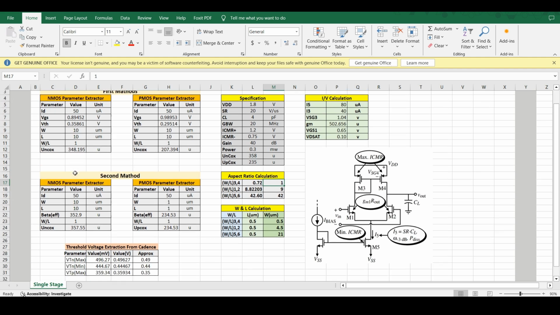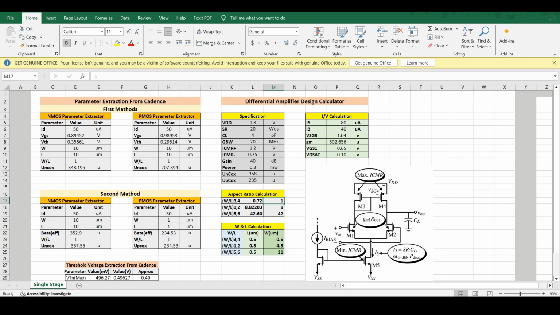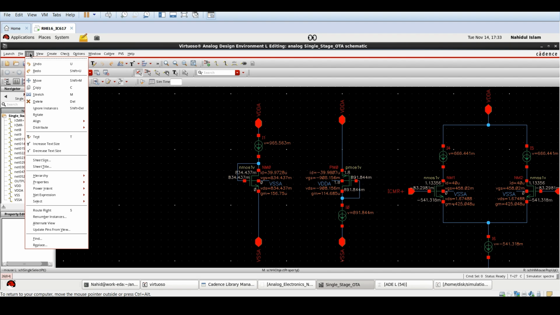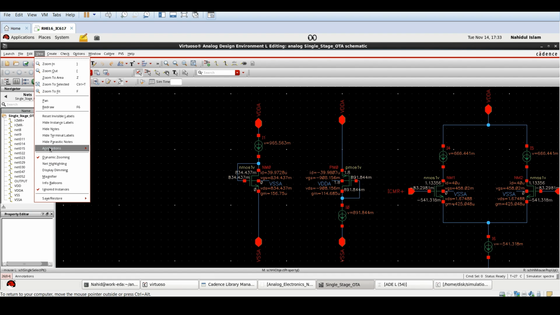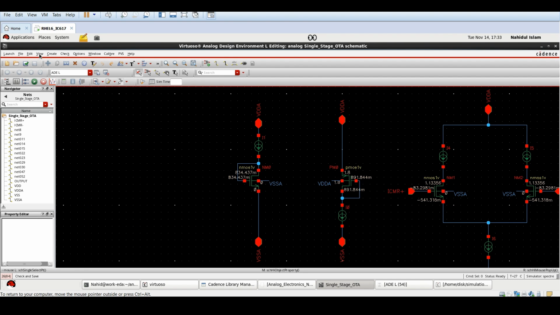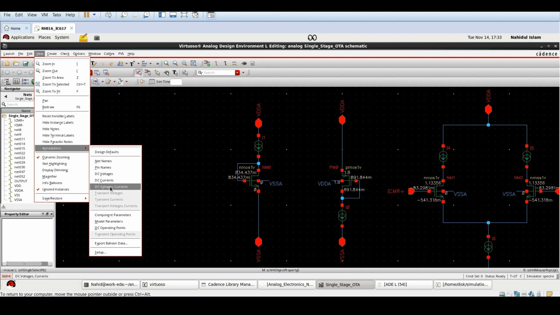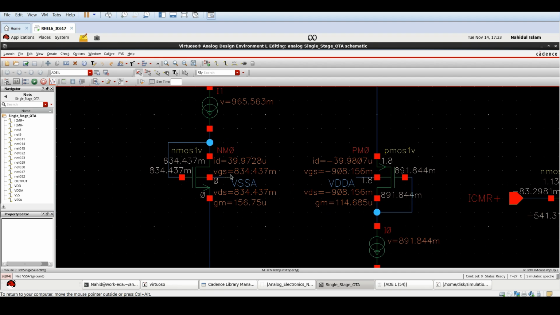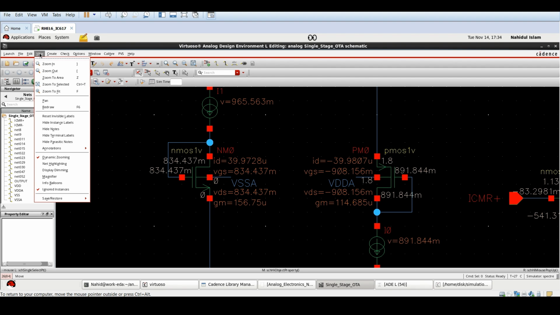After that, if I annotate the DC operating point, you see here the gate to source voltage, but there is no threshold voltage.